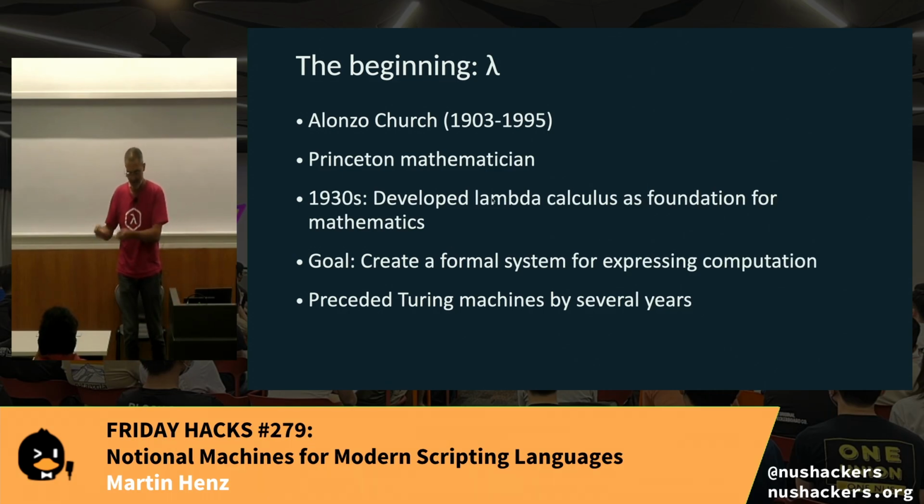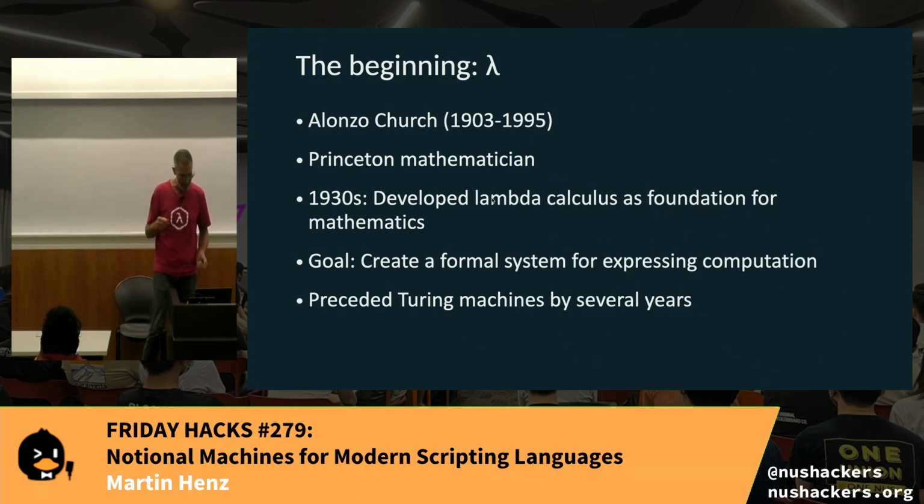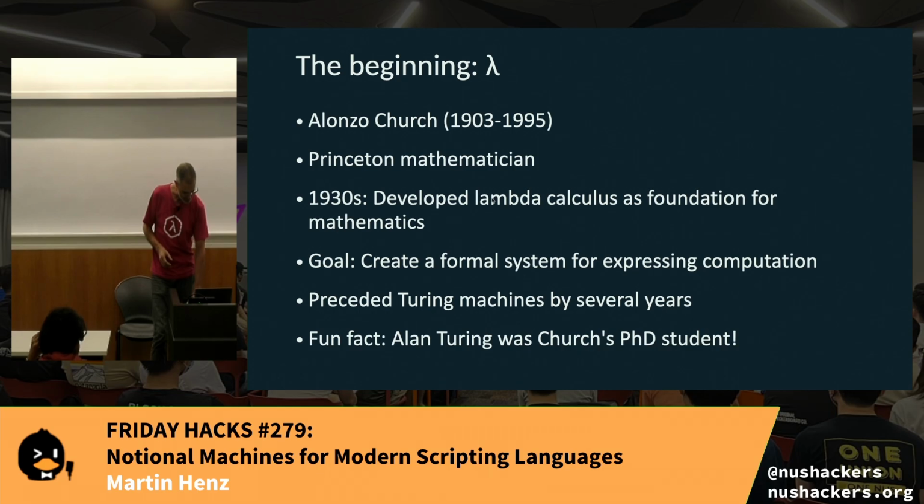So it had the idea of, okay, now you take the next step. So it had the underlying intuition of a processor, whereas Church's lambda calculus had a simple mathematical framework that underlies computation. Fun fact, Alan Turing was Church's PhD student.